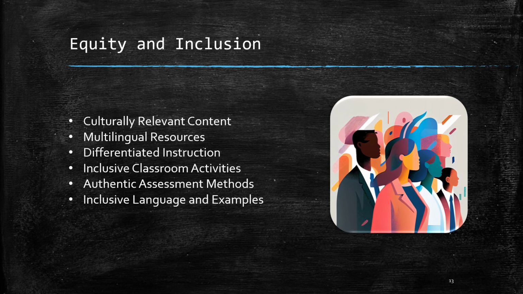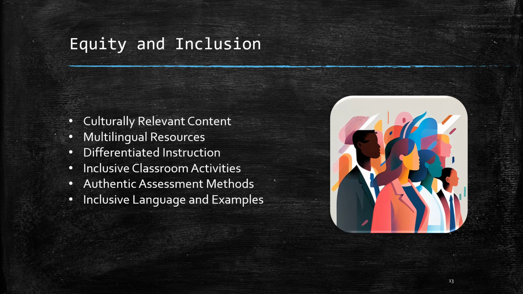Equity and inclusion. An important aspect of curriculum development is ensuring equity and inclusion. Developers consider diverse perspectives, incorporate culturally relevant content, and design activities that engage all students, regardless of their background or abilities. Here are some examples of how curriculum developers can promote equity and inclusion in a high school science curriculum.